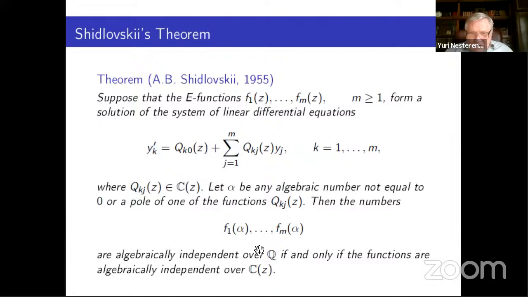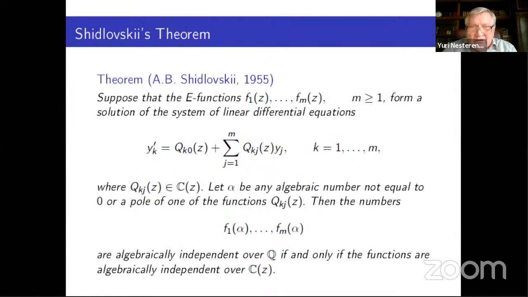Then the values of these functions are algebraically independent over the rationals if and only if the functions are algebraically independent over the field of rational functions. So this is a complete reduction of this problem in transcendence number theory to the functional problem.